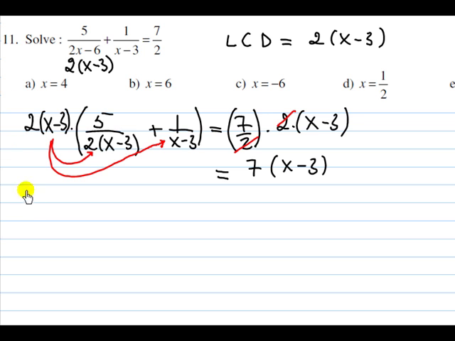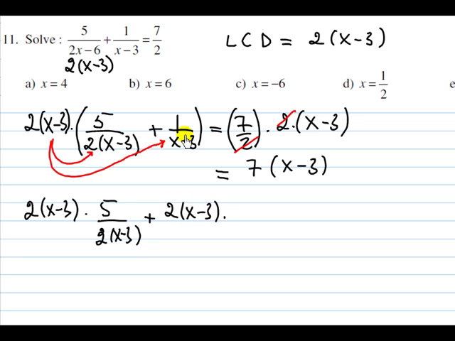So we are going to write 2 times x minus 3 times 5 over 2 times x minus 3, plus 2 times x minus 3 times the second term in parentheses, 1 over x minus 3, equals whatever we got here.